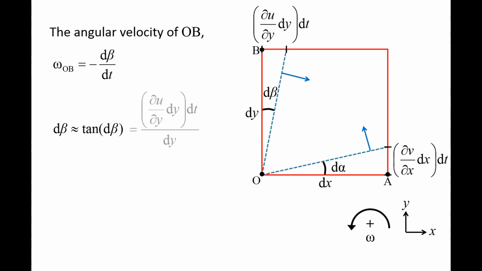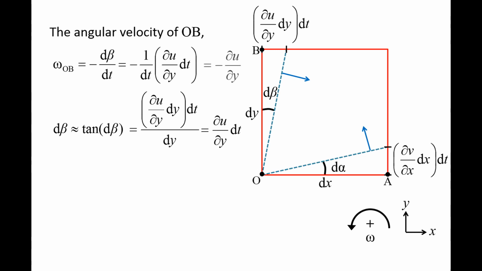The tangent of d beta is equal to the length of the opposite side, partial u partial y dy dt, divided by the length of the adjacent side, dy. After canceling the dy's, we obtain partial u partial y dt. Plugging this expression for d beta into the equation for omega OB, and canceling the dt's, we obtain that omega OB is equal to negative partial u partial y.